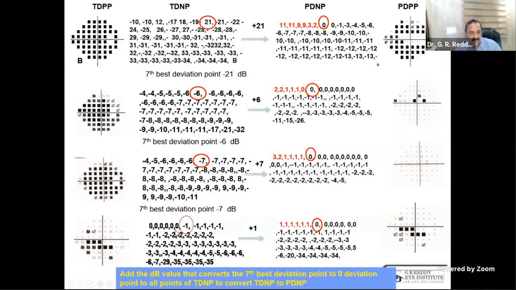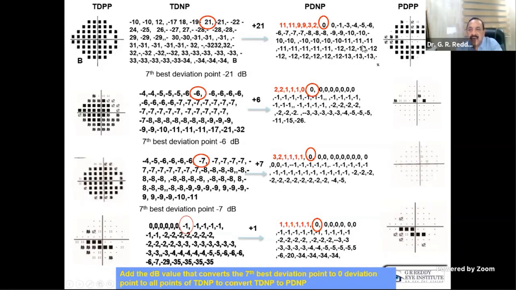Take for example a localized scotoma. Most of the points will be almost normal. The 7th best is -7 and almost the 45th point is -6. So by taking the 7th best, we are making minimum 7 points normal in the pattern deviation numerical plot. One point will always be normal, maybe normal or better than normal.